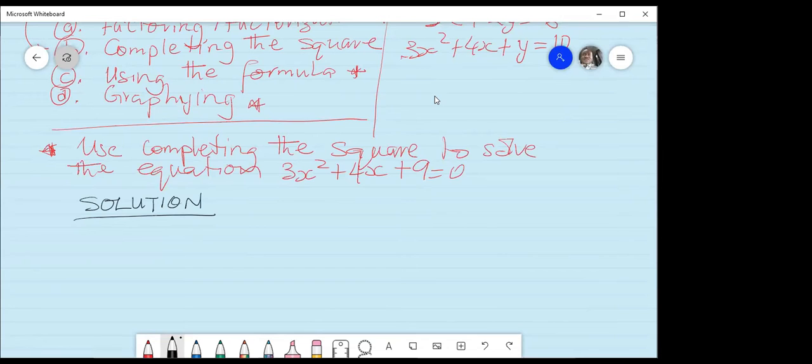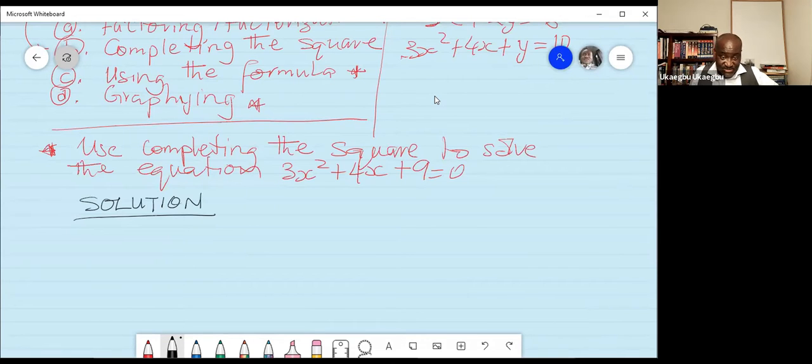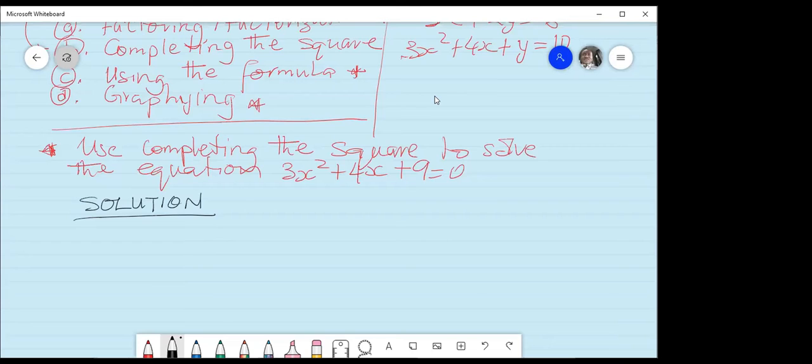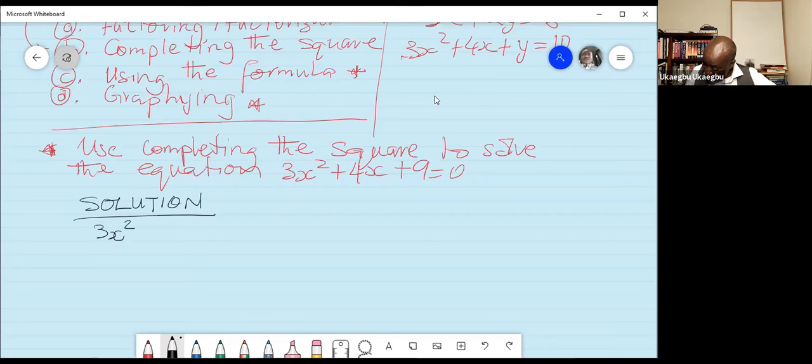So you just divide all the terms by 3. Okay, that's a good idea. So let's try it. We have 3x squared plus 4x plus 9 equal to 0, and he suggested that we should just divide every term by 3.